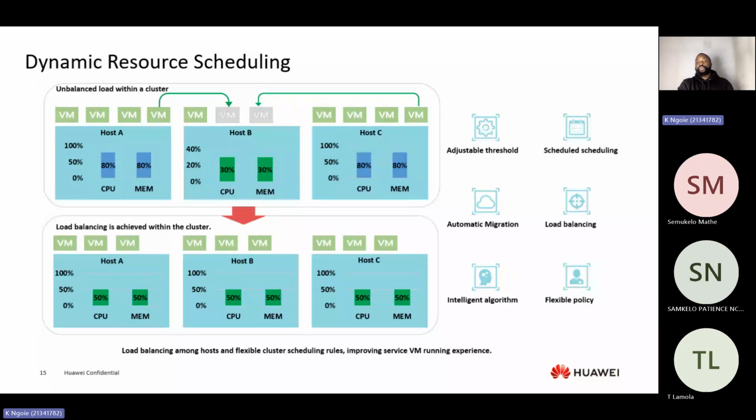In terms of achieving load balancing, higher performance, and reduced power consumption, dynamic resource scheduling has to come on board to make sure there's no service interruption. It controls how the CPU is used, memory usage, virtual machine workloads, clusters, and resource conditions.